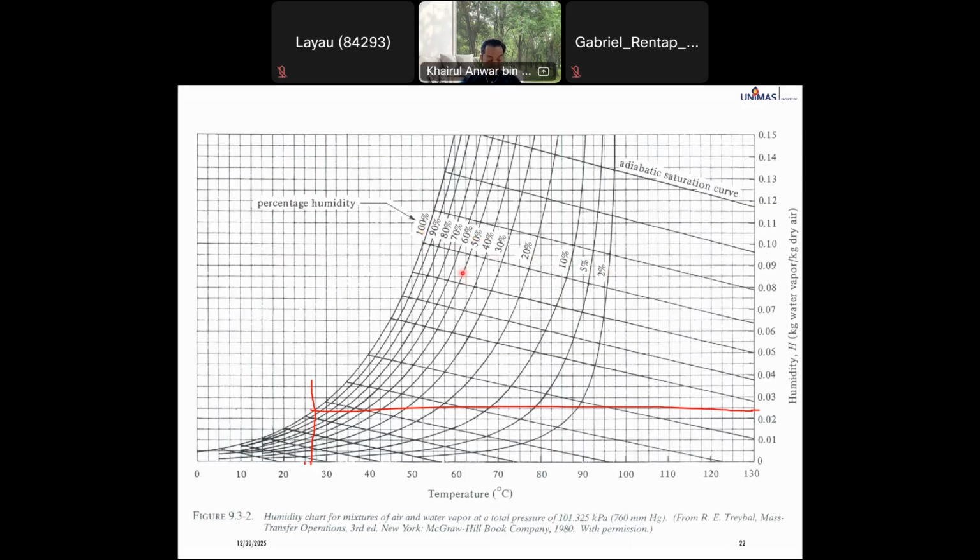Going downward vertically from the saturation line at a given temperature, the line between 100% saturation and zero humidity H at the bottom horizontal line is divided evenly into 10 increments of 10% each.